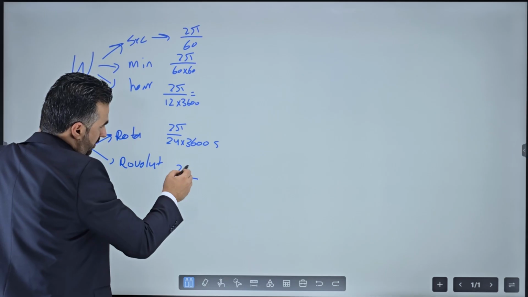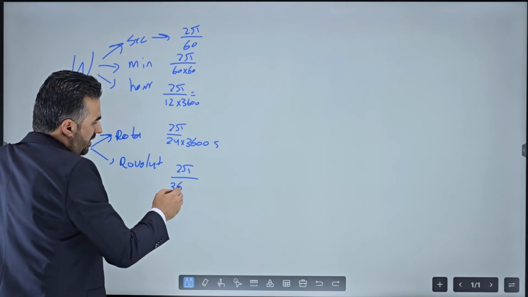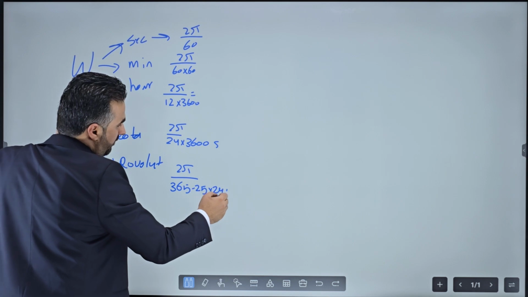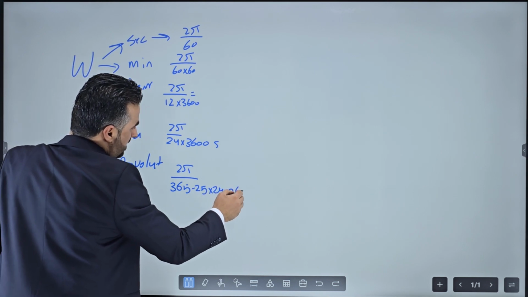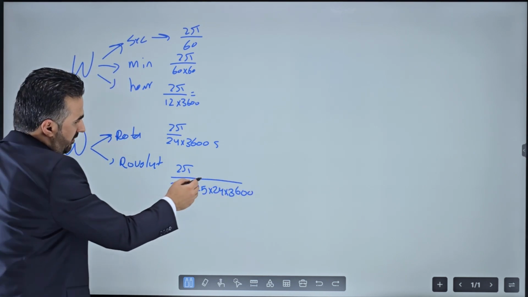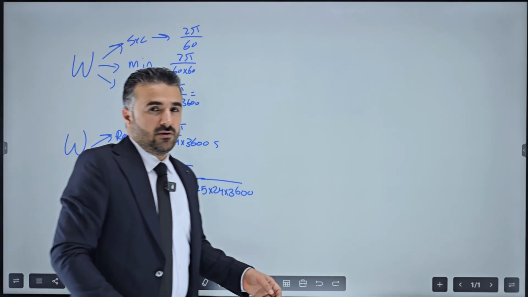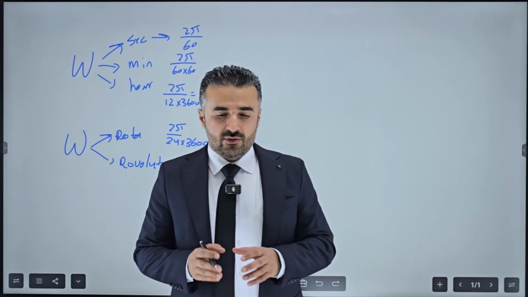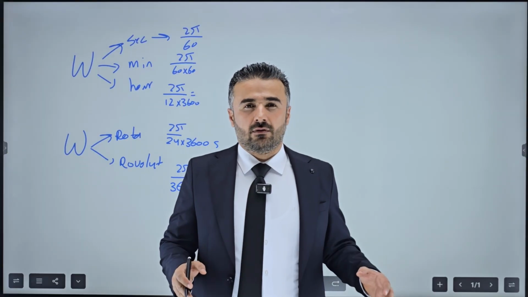For revolution, it's the same thing, but this one is 365.25 days, every day is 24 hours, every hour is 3,600 seconds. You just do the math and you will get the answer almost instantly. All right, this is all regarding those objects that have a constant angular speed.